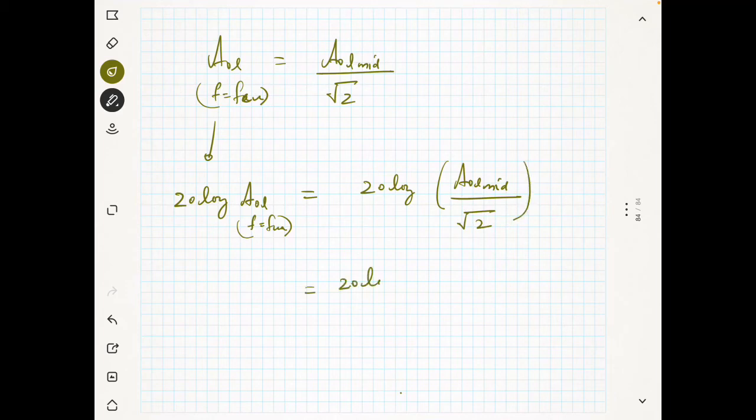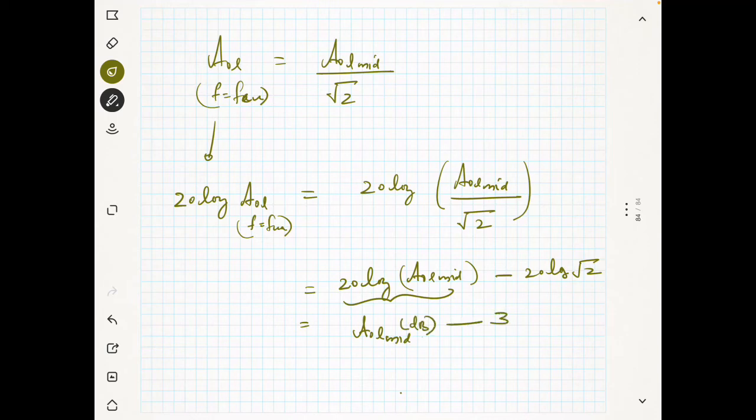This is 20 log AOL mid minus 20 log square root of 2, so this is AOL mid in dB minus 3 dB. This is the equation for AOL in dB at f equal to FCU.